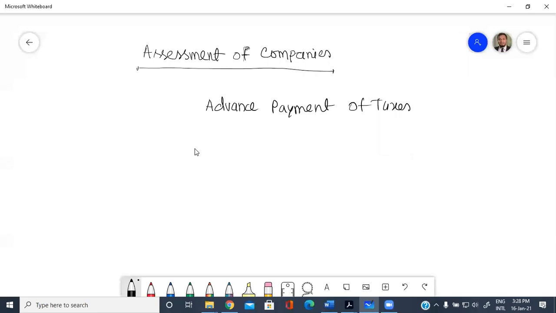So in case of company, what is the rule? When will a company be responsible for paying advance payment of taxes? Is it the way that you are a company, you are always responsible for paying advance taxes?